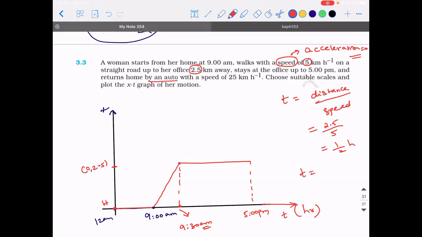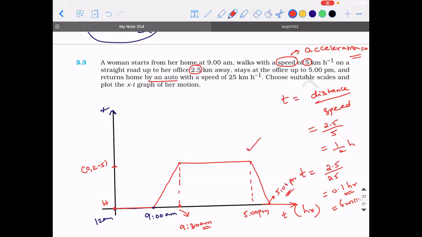So how much is the time taken now? 2.5 divided by 25. It took 0.1 hour. 0.1 hour is how many minutes? 6 minutes. So in 6 minutes, she returned back to her home. Means at 6 p.m. she was at her home.